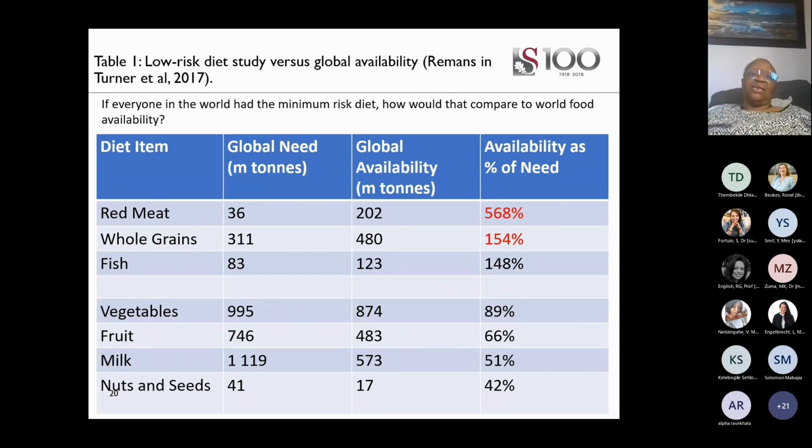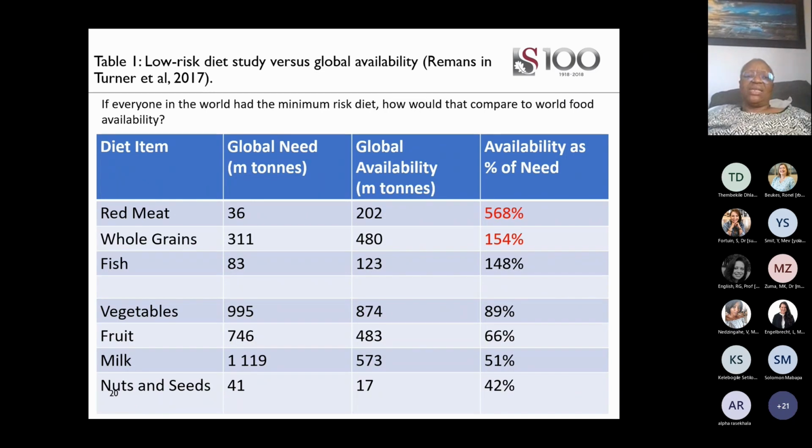With this slide, I want to show you the work by Remens and Tenner et al. from 2017. Of the diet items on your left, the foods produced, and the percentage of the available need based on the calculations at global level.